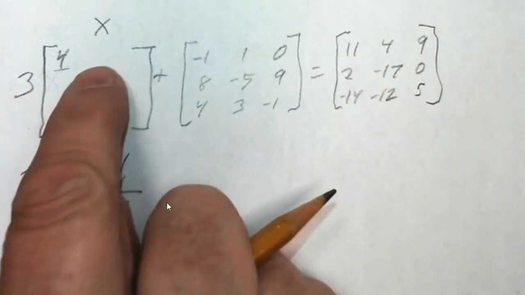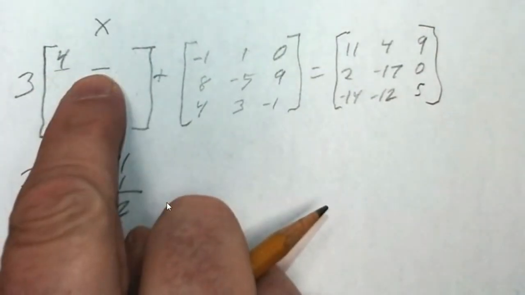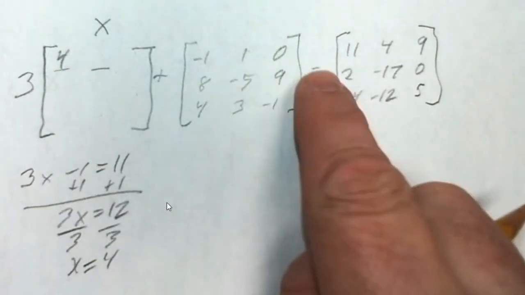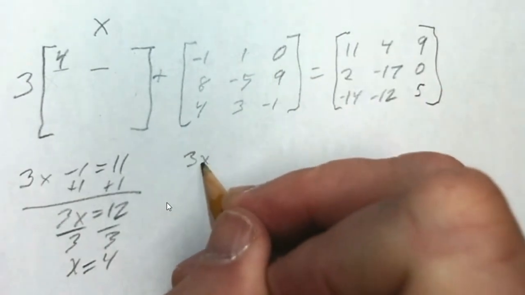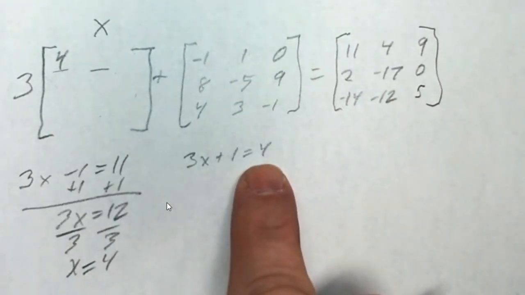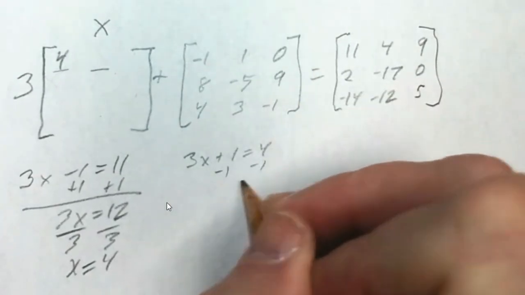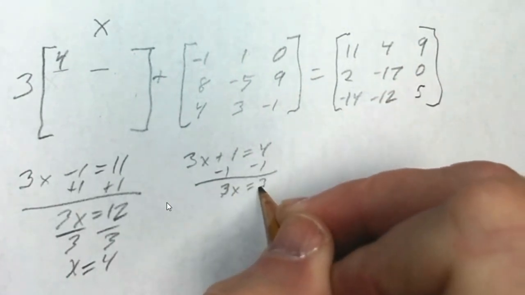All right, 3 times, what's this one? 3 times x plus 1 equals 4. 3x equals 3.